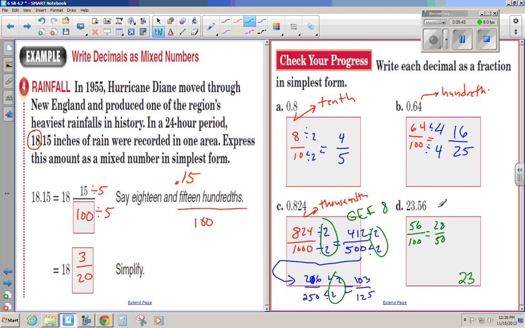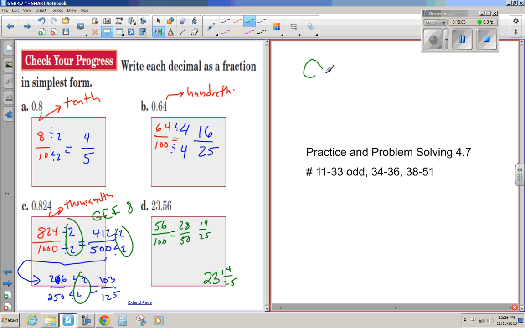Divide by 2 again, becomes 14 25ths. And that's it. So 23 and 56 hundredths becomes 23 and 14 25ths. All right, so that's it. Make sure you do the CYUs for this. All the notes here should be able to help you on those. These are the problems we'll go ahead and work on in class. Good luck.